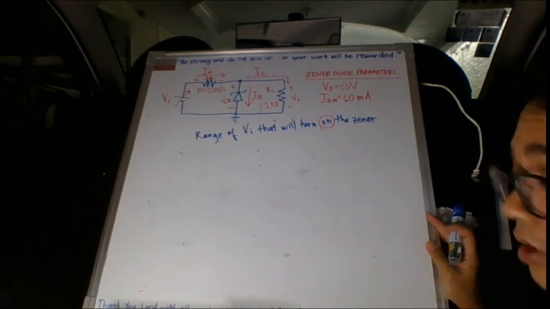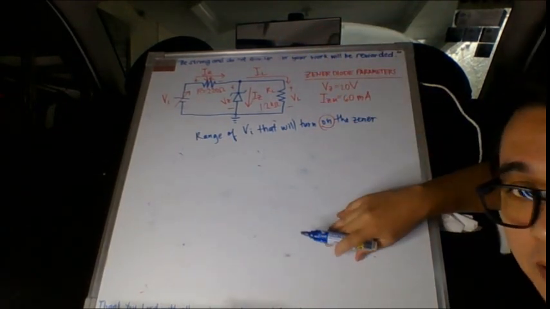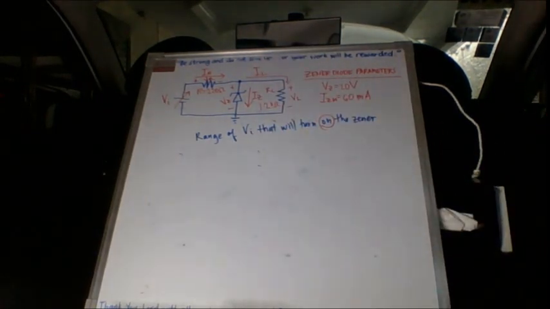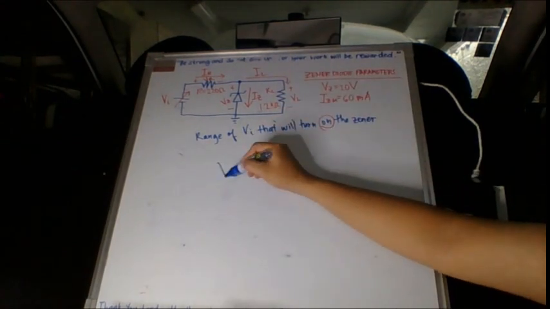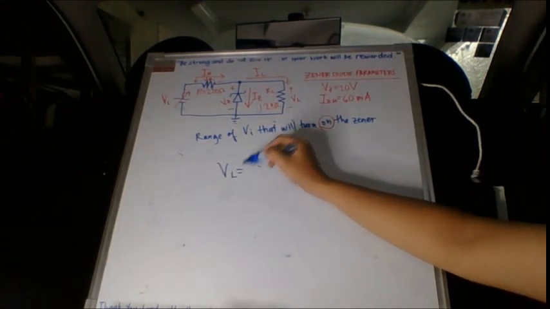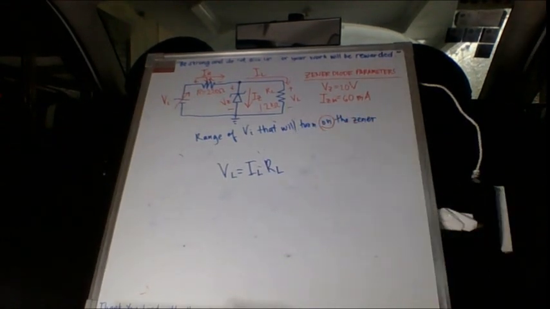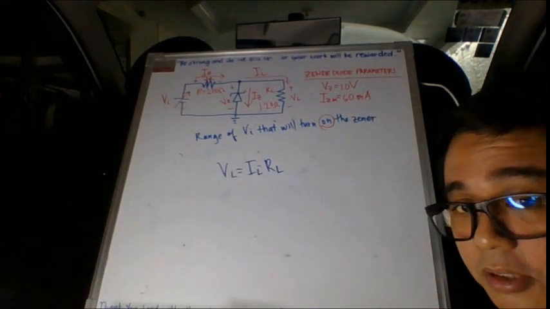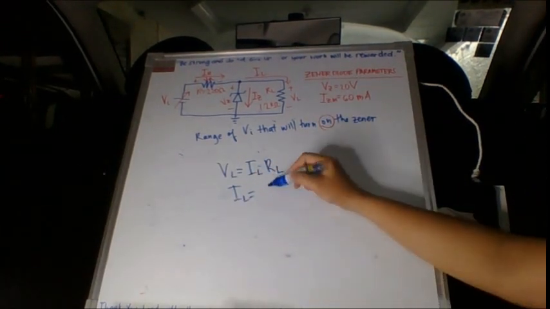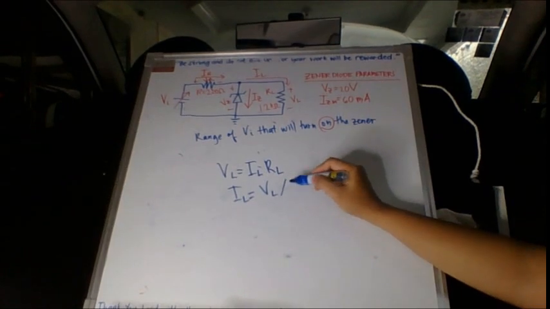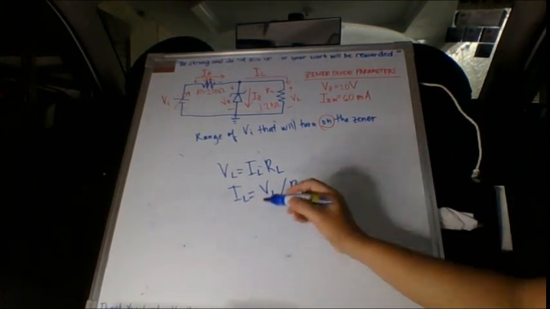Next naman ay isosolve natin yung load current natin, I sub L. Let us set up the equation for V sub L or V sub RL. V sub L equals I sub L times R sub L. Ang hinahanap natin dito is si I sub L. Therefore, we have I sub L equals V sub L divided by R sub L. We can substitute the values.